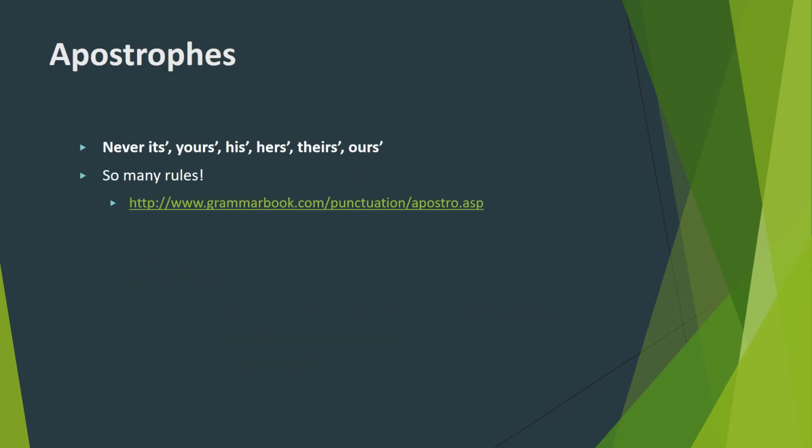Apostrophes. So there are generally a lot of rules. When it comes to the grammar quiz, I'm just looking for the very basics. So when we're talking about something that is plural, you usually follow the end of the word with an apostrophe and then S. And then I'm looking for the one where if we're using plural but someone's last name ends with an S, you put the apostrophe following the S. So there is a link for you right there, as you can see, grammarbook.com/punctuation/apostrophe.asp.